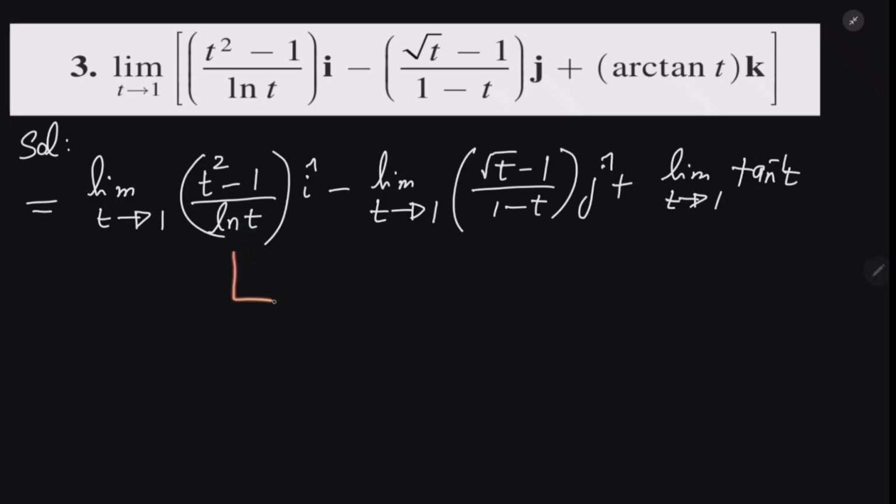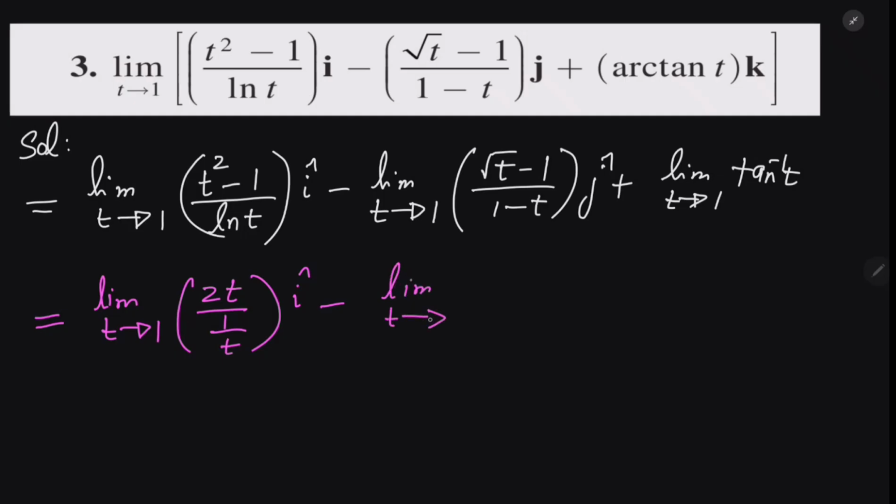Here you can see that when I apply the limit, you get 1 squared minus 1 over natural log of 1, and this is 0 by 0. So this is an indeterminate form. So we apply L'Hopital's rule first. Applying L'Hopital's rule, limit t approaches 1, we get 2t over 1 over t, the derivative of numerator and denominator, i, minus. The same is the case with the second component. When we apply the limit, we get 1 minus 1, which is 0, and this is also 0.